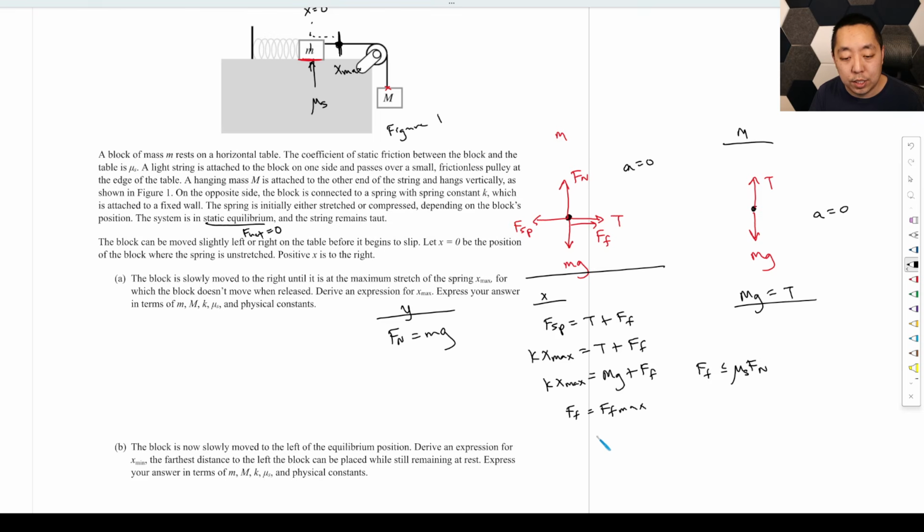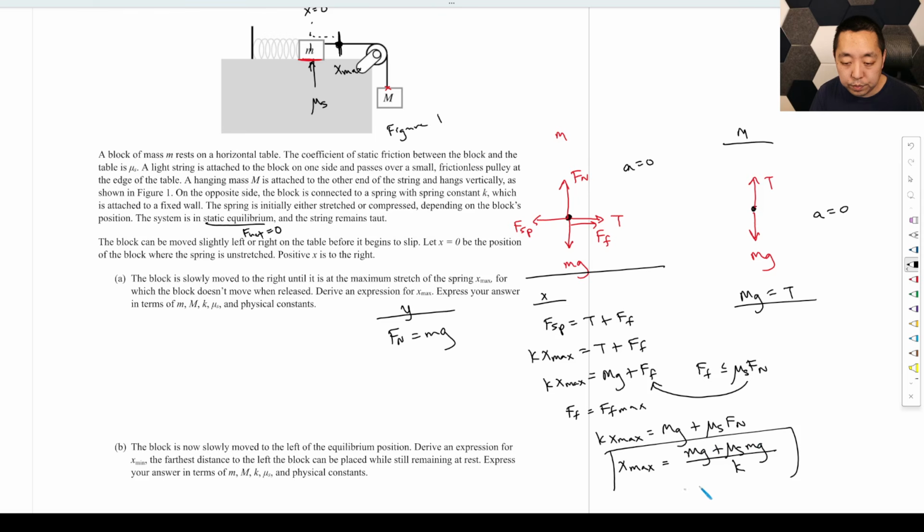So therefore, you're going to say kx max equals Mg plus mu s times Fn. Actually, these are equal to each other. Sorry, I'm just using this equation, but plugging this into here. And so your x max will be Mg plus mu s Fn over k. Oh, the normal force is equal to little mg.